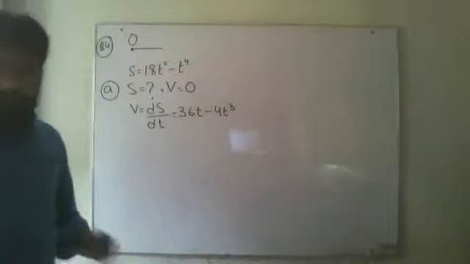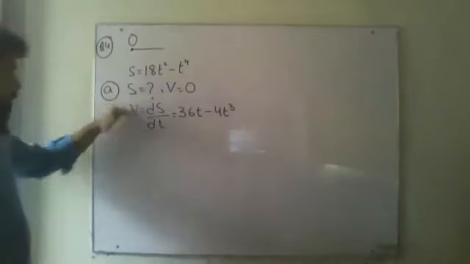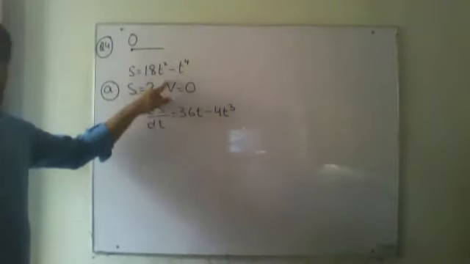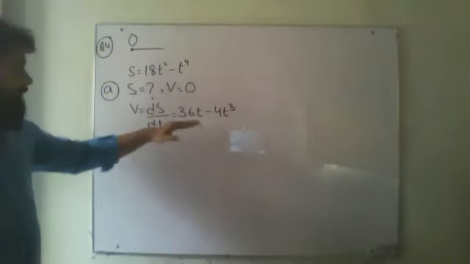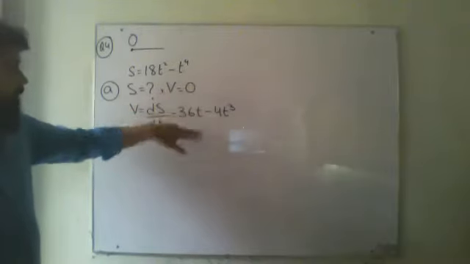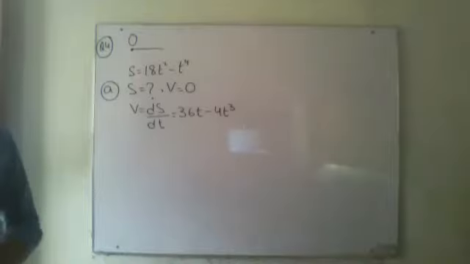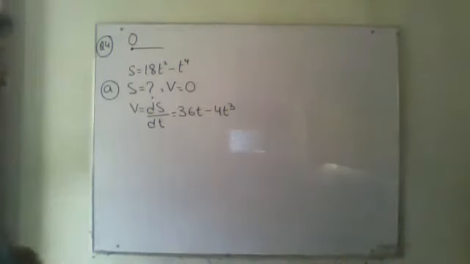Now see, v and s both are connected by t. So if I can find the value of t at which V will be 0, I will plug it over here and get the value of S. That's the whole scenario which we are going to follow.